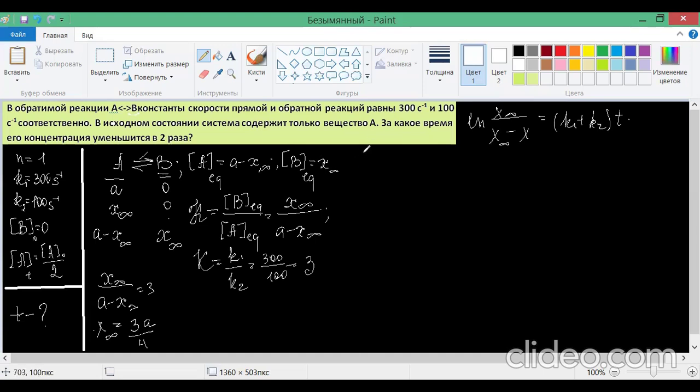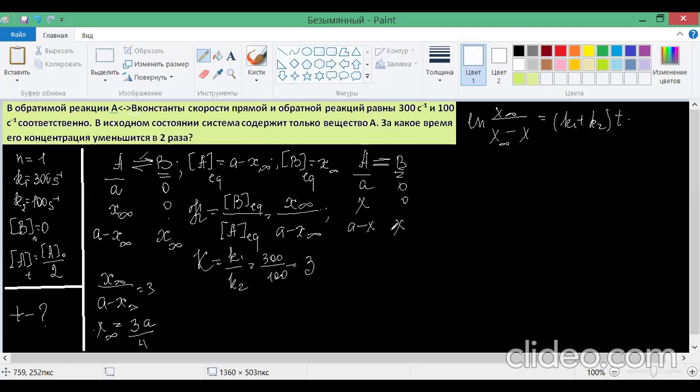It can be done in the same manner. So we've got A and 0 in the beginning. By some time t, X is the drop in the concentration of A, and at time t, the concentration of A is equal to A minus X, while the concentration of B is equal to X, right?